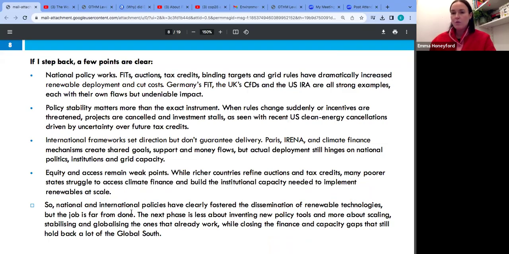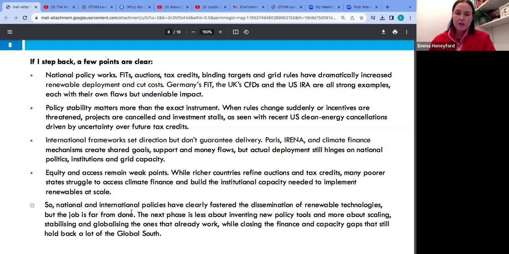So we need international cooperation, we need political cooperation in order to make sure the policy is correct and aligned to the targets. Equity and access remain weak points. While richer countries refine auctions and tax credits, many poorer states struggle to access climate finance and build the institutional capacity needed to implement renewables at scale.